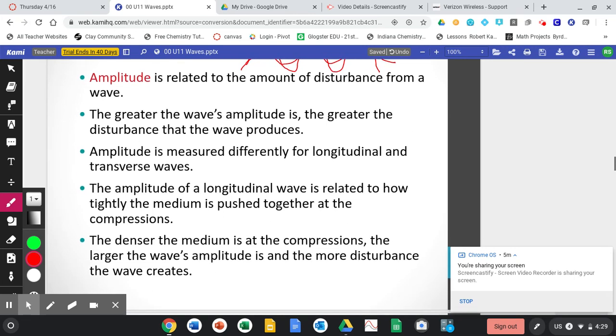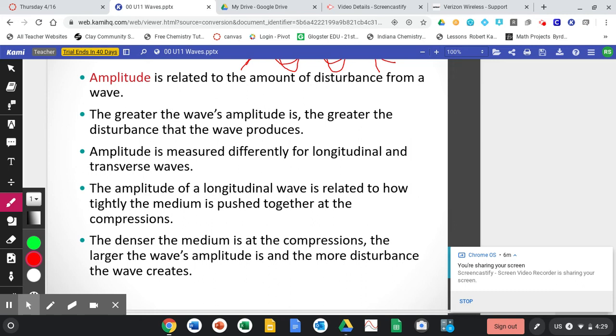The greater the wave's amplitude, the greater the disturbance the wave produces. Amplitude is measured differently for longitudinal and transverse waves. You just saw me show you a transverse wave. It is the height of the wave. And then for a longitudinal wave, it's how tightly the medium is pushed together at the compression.